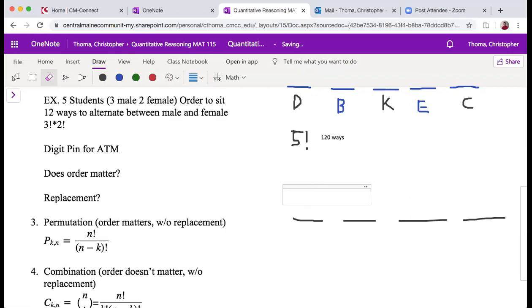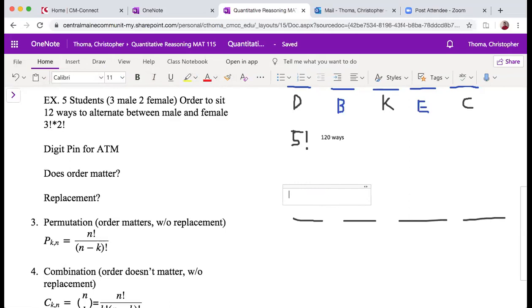And typically when you pick an ATM PIN, you get the numbers 0 through 9, right? So if I use my fingers and I count 0 through 9, that is actually 10 numbers. Can your PIN on your ATM repeat?